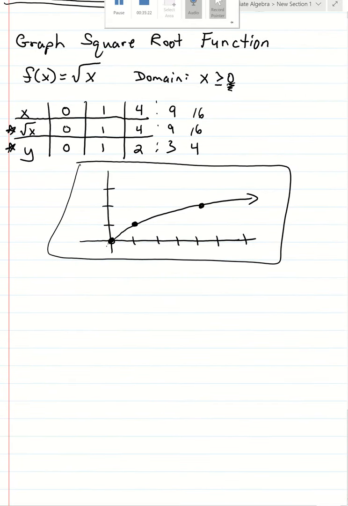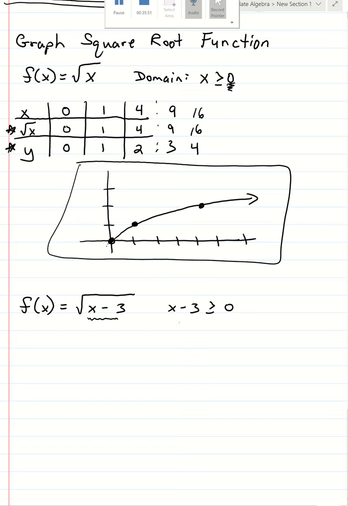Let's take a look at a different one. Let's say we have f of x is going to equal the square root of, let's say, x minus 3. Once again, the first thing that we need is the domain. So I look at my radicand of x minus 3. We know it has to be greater than or equal to 0.